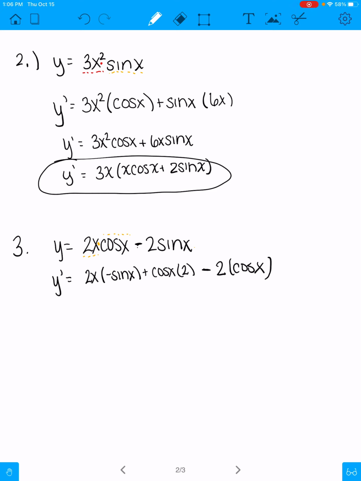So you can see now we have negative 2x sine of x plus 2 cosine of x minus 2 cosine of x. And we can see how these are going to cancel out. So our first derivative is negative 2x sine of x.